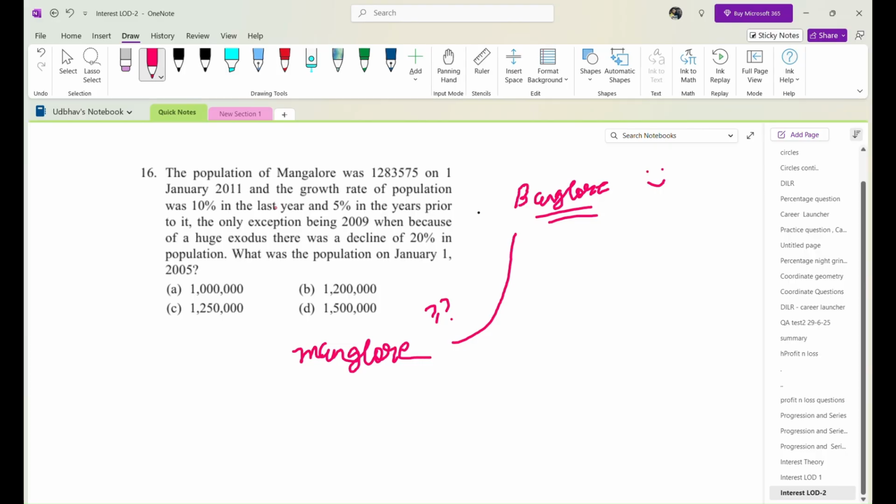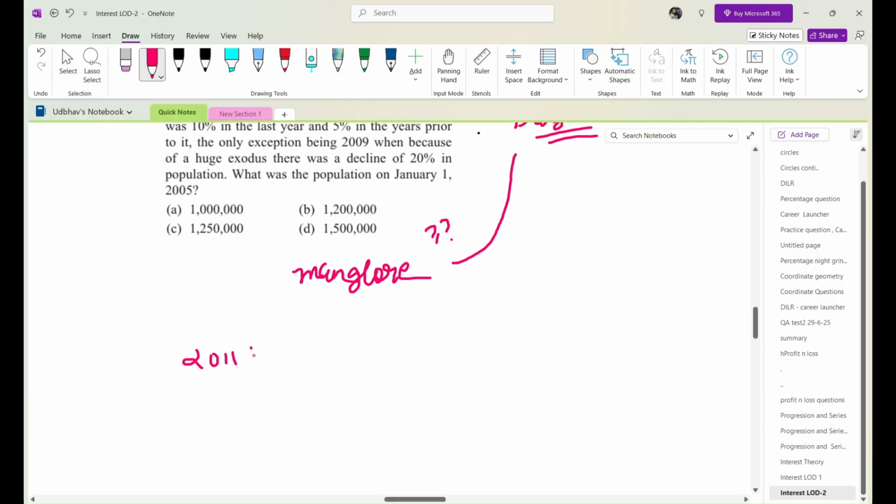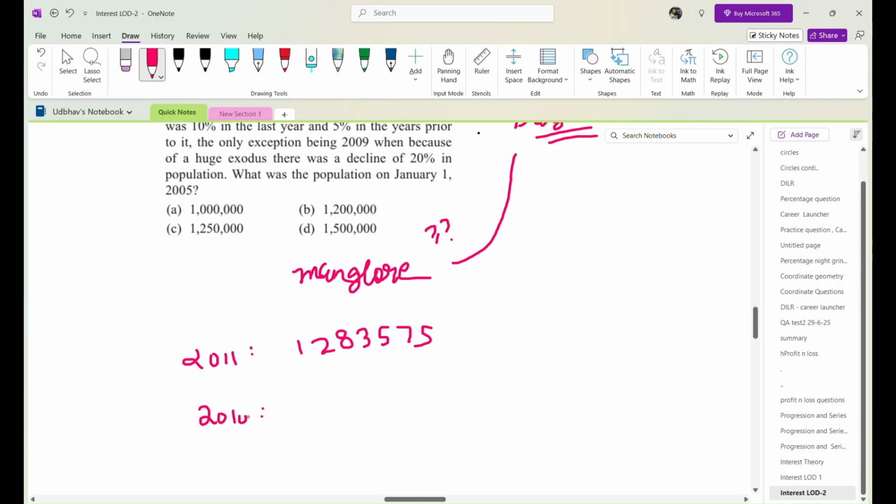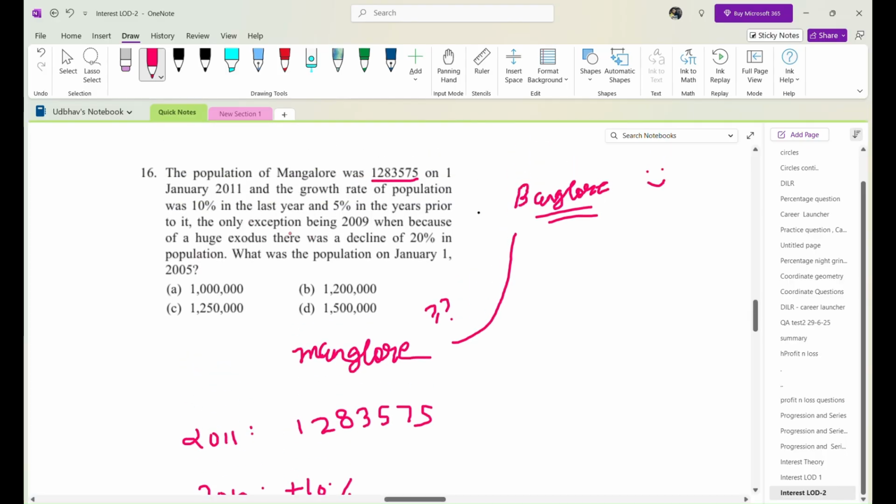Anyways, the population of Mangalore was something very big in 2011. 1283575. Okay. The growth rate of the population was 10% in the last year, 2010. Oh, oh. The only exception being 2009, when because of a huge exodus. What is exodus? Exodus.